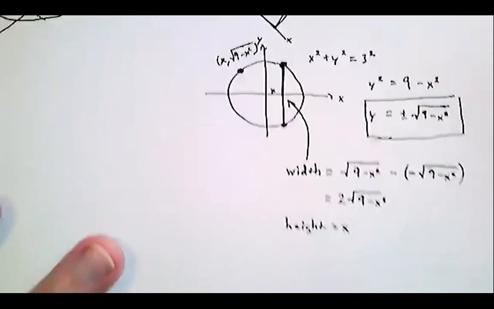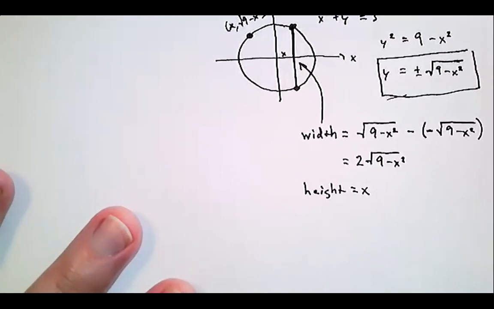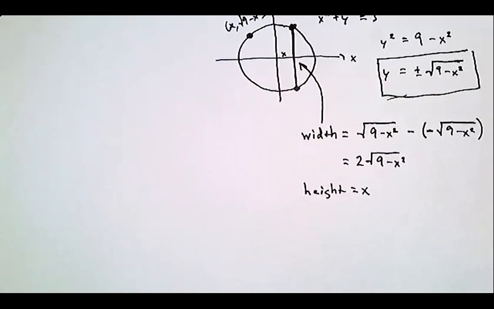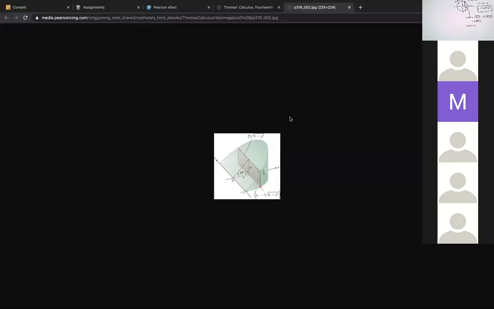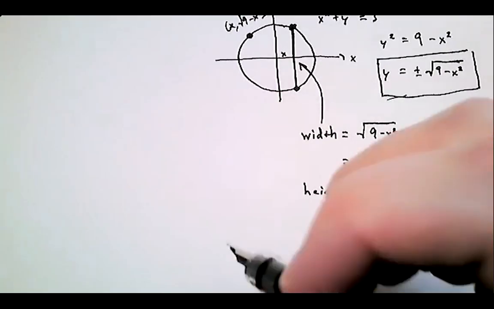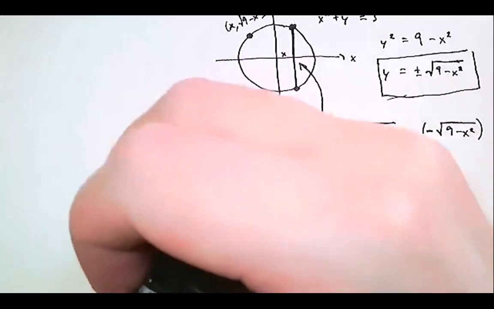And then the last step, now that we have the width and the height of each of our rectangles, we can find the area. And we just have to integrate along all of the cross sections from 0 over to 3. So let's set up that integral.